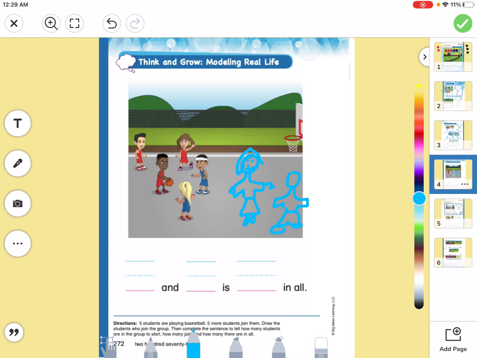Remember, Mrs. Hensley is not an artist. Okay, there's 2. There's 3.